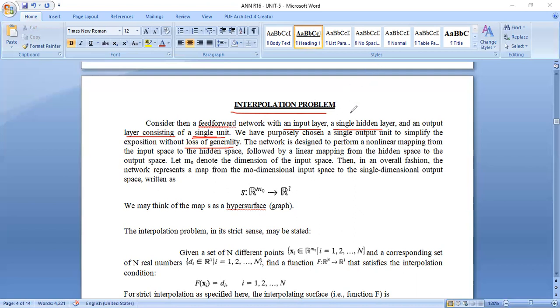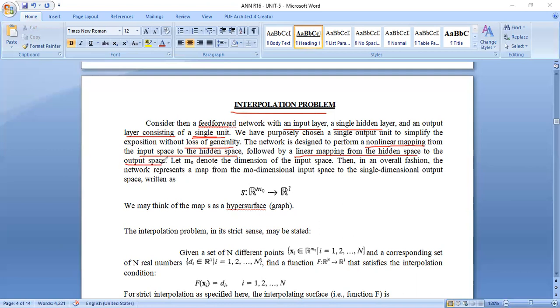This network is designed to perform a non-linear mapping from the input space to the hidden space, followed by a linear mapping from the hidden space to the output space.